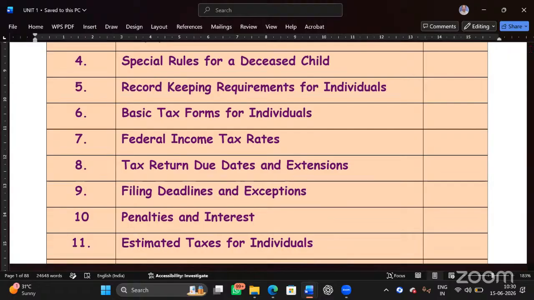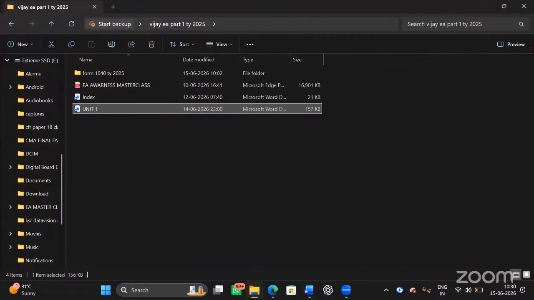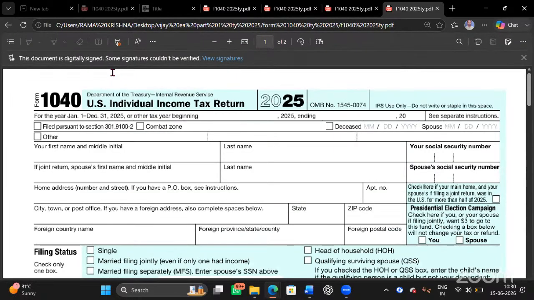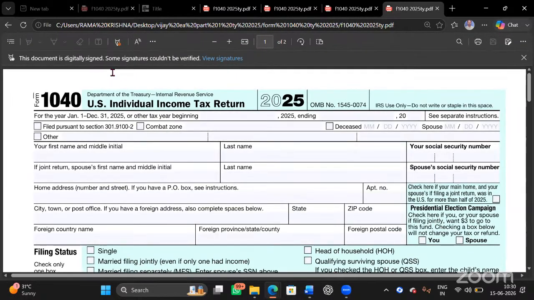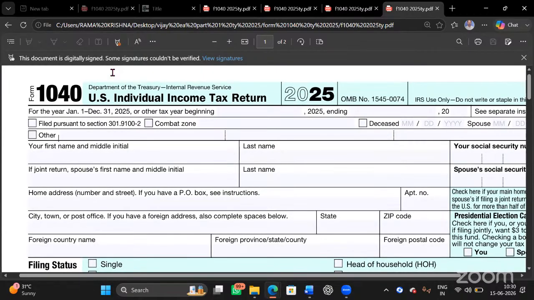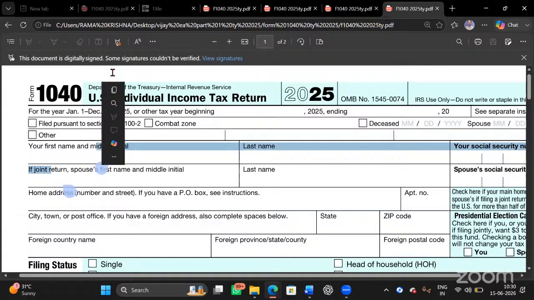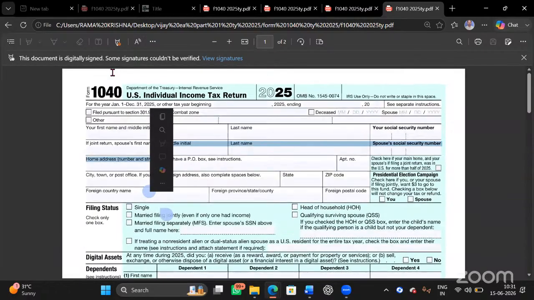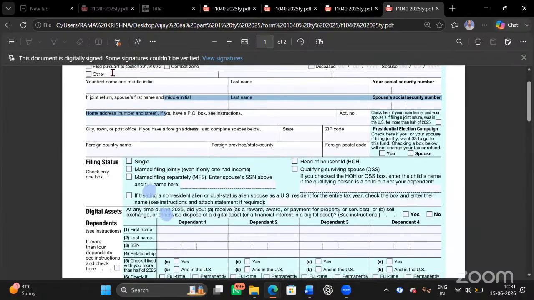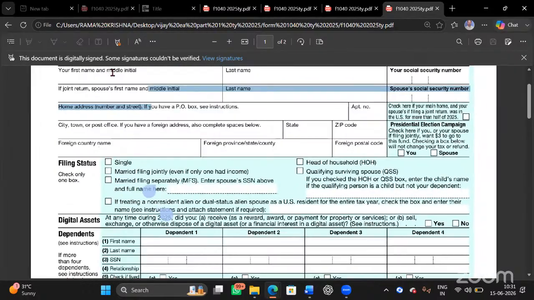Let me show that item also in form number 1040. At the time of filing this 1040, we have to mention very clearly the filing status.